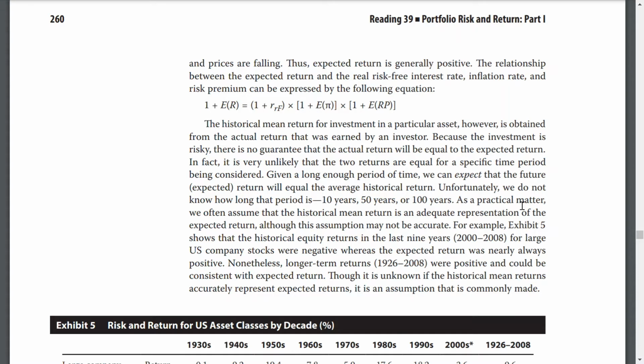Unfortunately, we do not know how long that period is: 10 years, or 15 years, or 100 years. As a practical matter, we often assume that the historical mean return is an adequate representation of the expected returns. Although this assumption may not be accurate, for example, Exhibit 5 shows that historical equity returns in the last nine years for large U.S. companies' stocks were negative, whereas the expected returns were always positive.